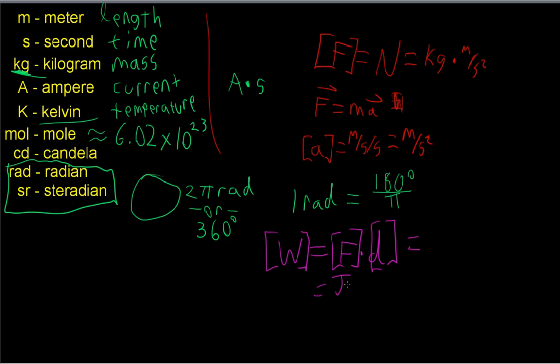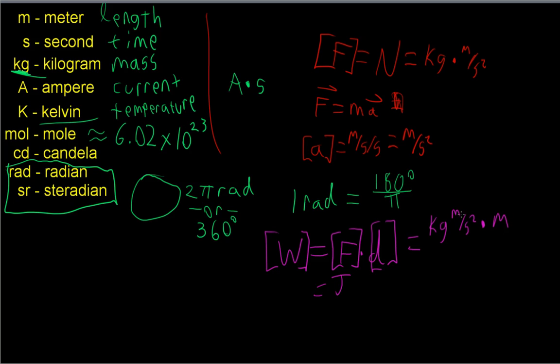Now, we know, or we will learn, that the base unit of work is a joule, same as energy, which means a joule can be broken down into force, which is, we said, kilogram meters per second squared, because that's what a Newton is, times the unit of distance, that's length, that's a meter.